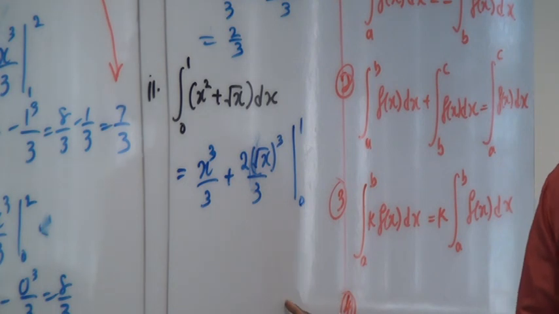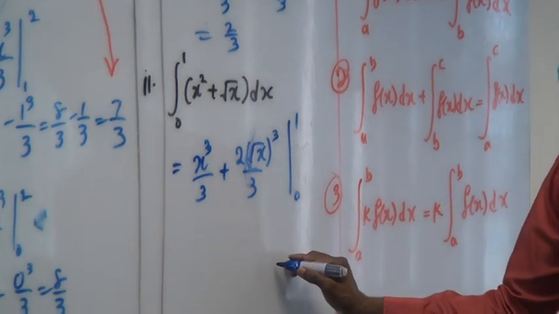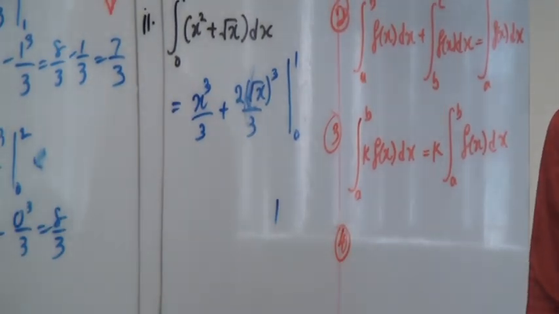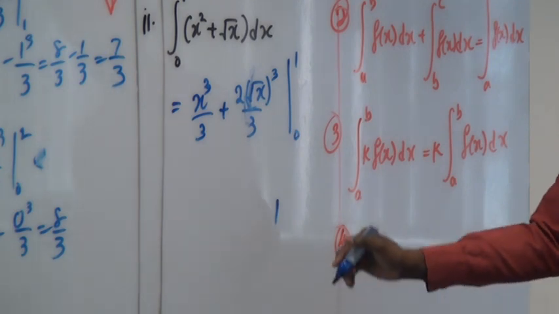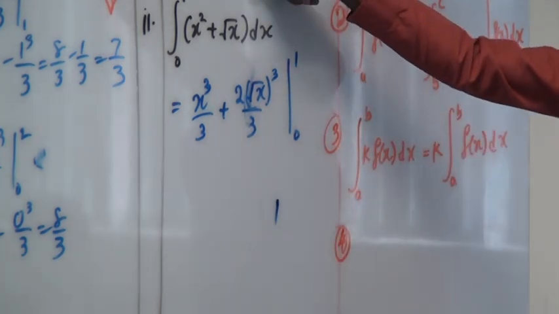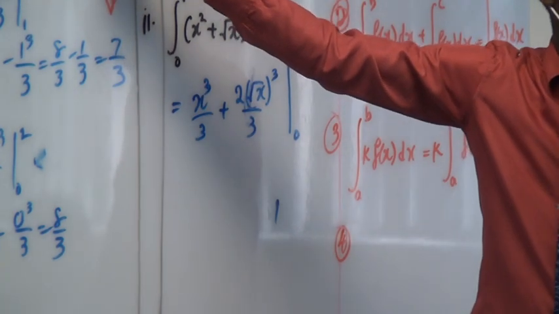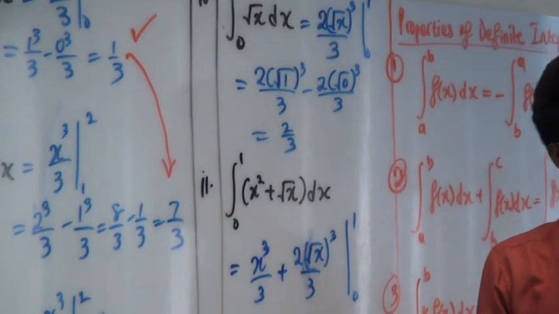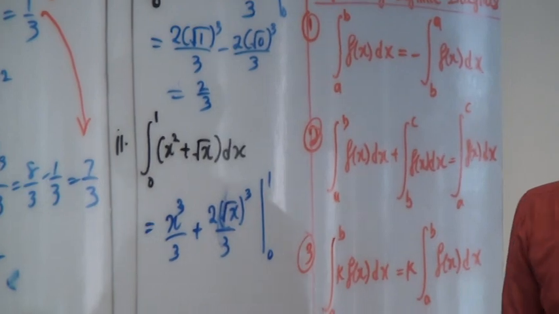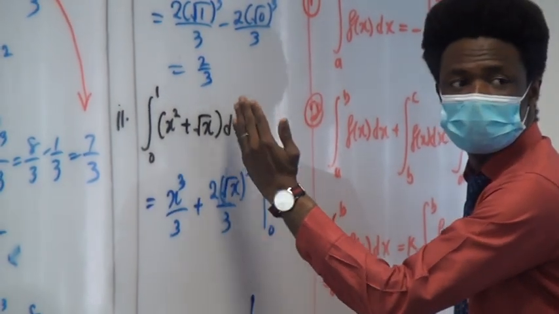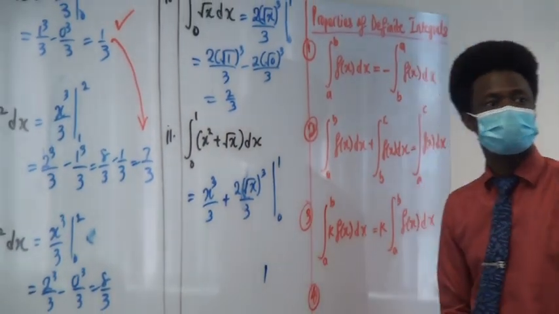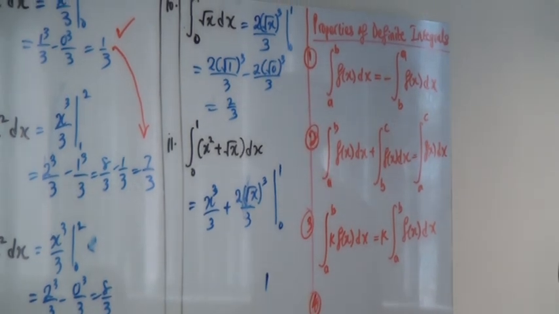By the time you complete this calculation, you should be able to get what? 1, eventually. That 1 is the combination of this and this. So what it's saying is that, just like the normal indefinite integral, where you do your integration term by term, the definite integral also works that way.